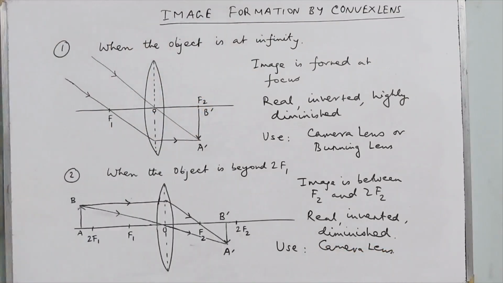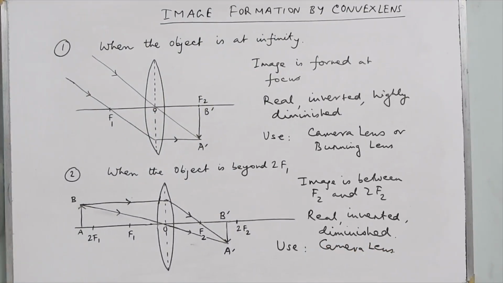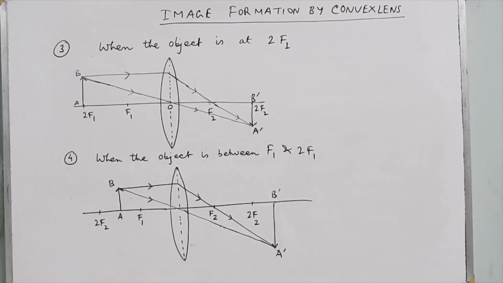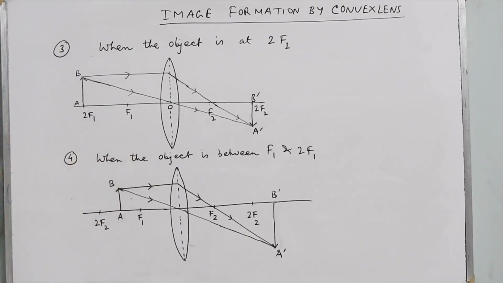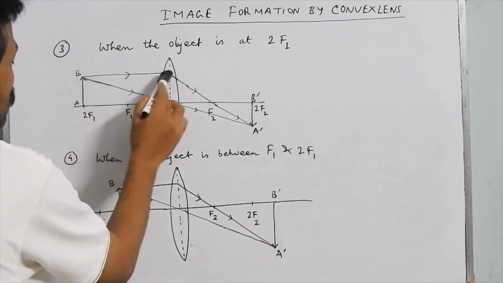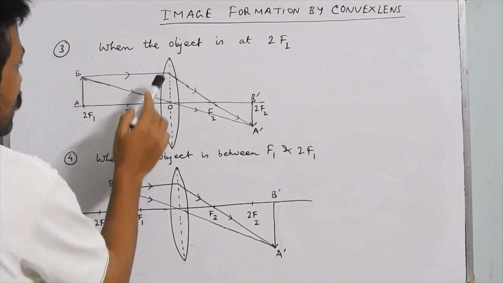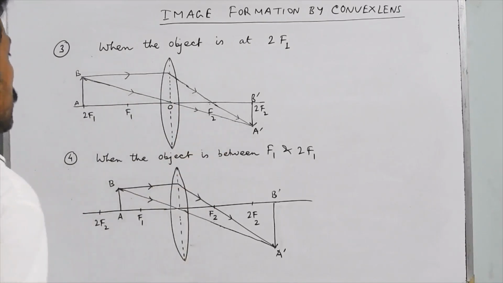So now we can move on to some further examples in the case of a convex lens. We consider the object at twice f1, that means the object is at the center of curvature on one side of the lens. Then we consider again the principal rays. One of the rays is parallel to the principal axis, and after refraction it will pass through the second principal focus.